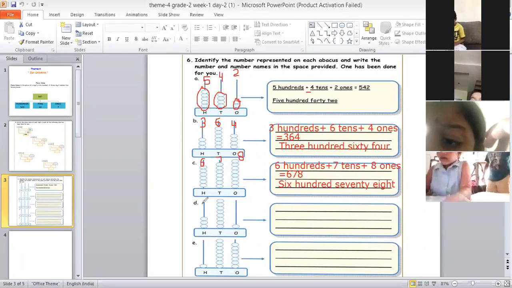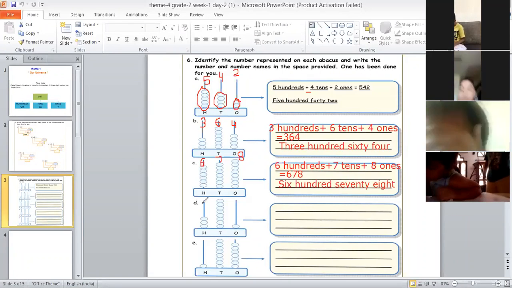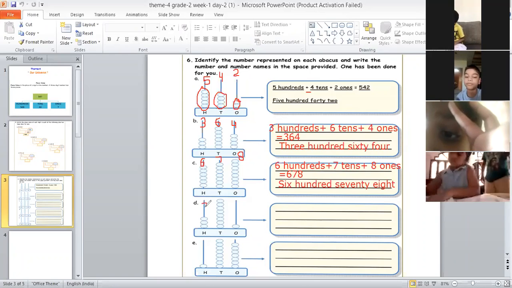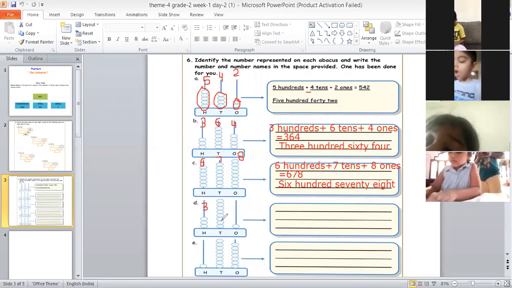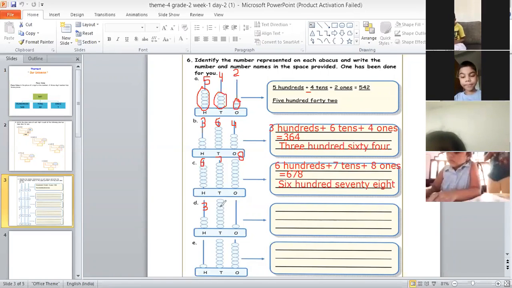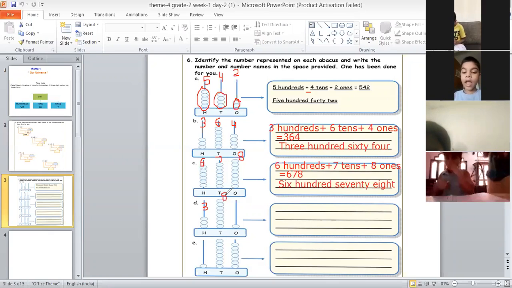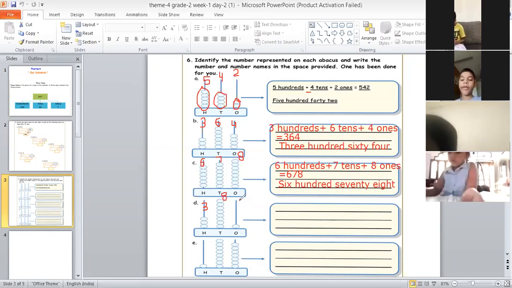In hundreds place, how many beads are there? 3 beads are there, ma'am. So we'll write here 3 in hundreds place. Okay, in tens place? 8. Yeah, 8 are there. So we'll write 8 here. And in ones place? 1. Very good.